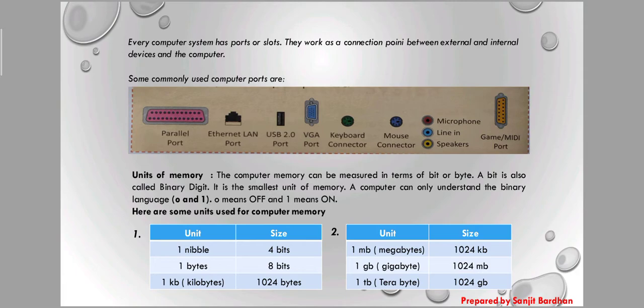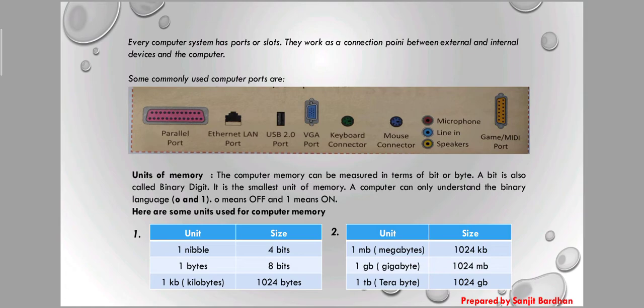That means when we use a microphone, we connect the microphone jack in the connector. Next is the game and MIDI port. Okay, these are all the ports of a computer.